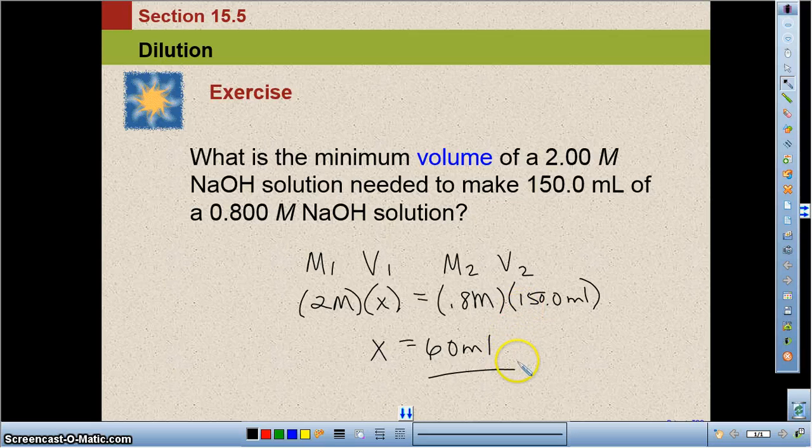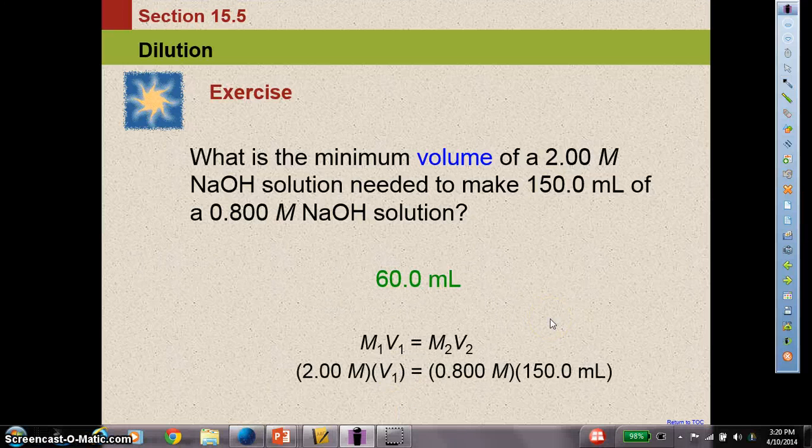One of the things I want to bring out is that everything's relative. So even though molarity, remember from the previous lectures, is number of moles over liters, it's okay for volume in this case to be in milliliters because the units are going to cancel out. So we don't have to convert milliliters to liters in this instance in order to get to the answer here at 60 milliliters. That's how you set up a dilution problem.